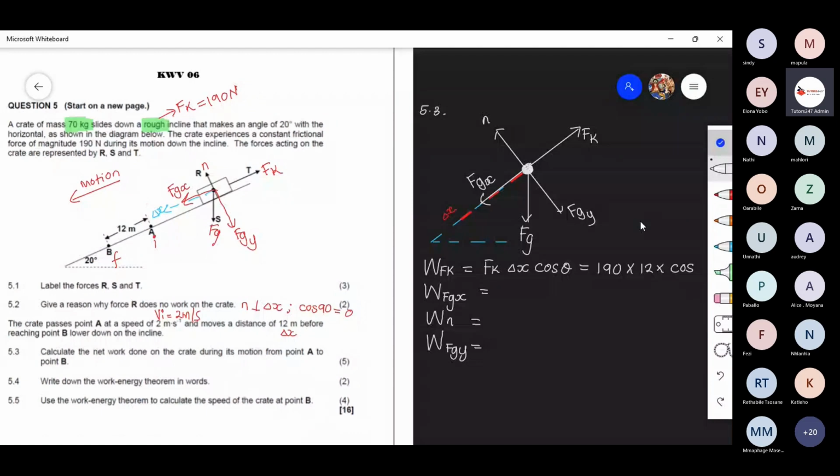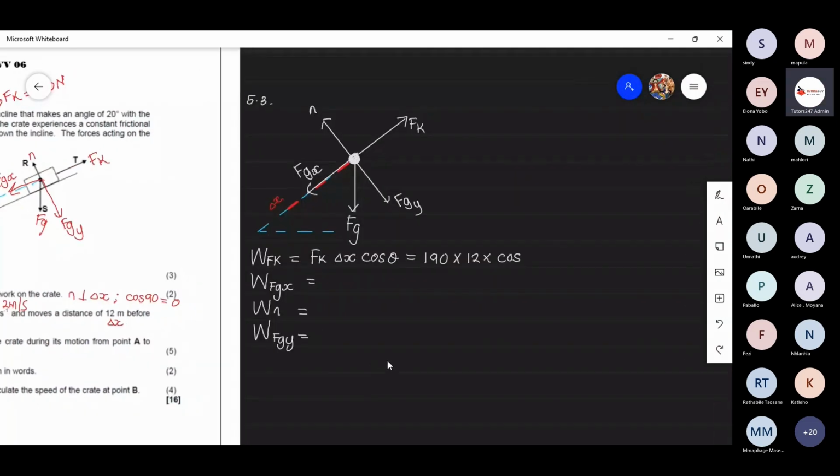Let us have a look at how we calculate theta in this particular case. And I kind of like this question, because we previously did a question whereby the object moved up the incline. Now, it's kind of nice or refreshing to see an opposite approach whereby our object is moving down the incline.